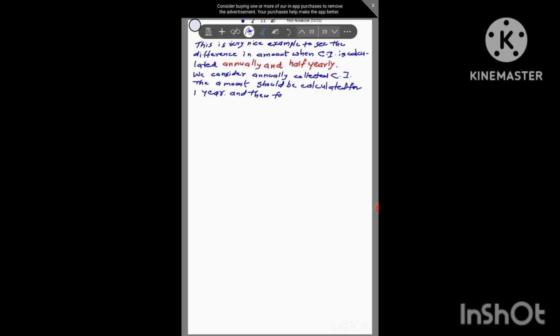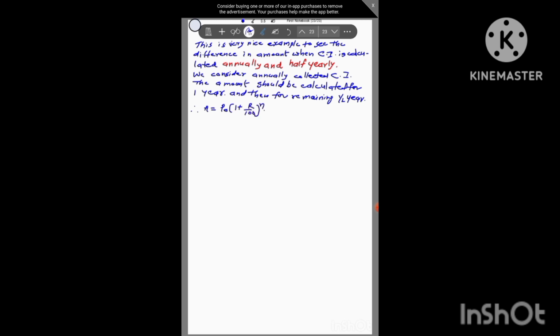These are the steps. Remember that if you solve enough examples, you will come across such examples frequently, and you can solve them very easily. You come to know the hang of this. So we solve for 1 year first, and then for the remaining half year.